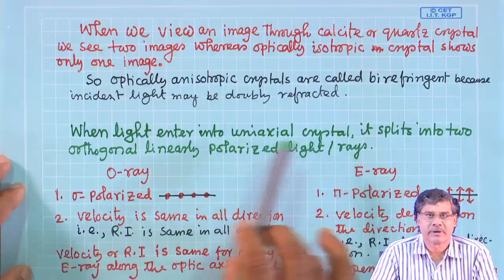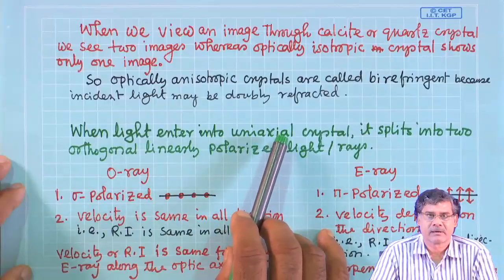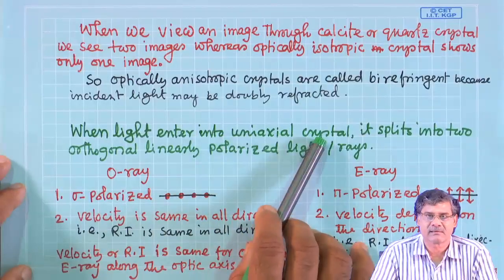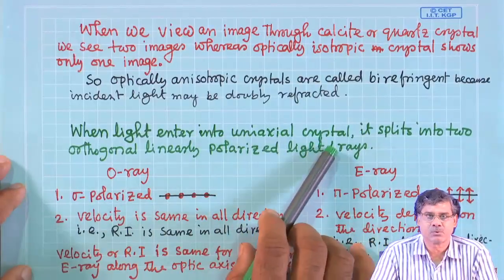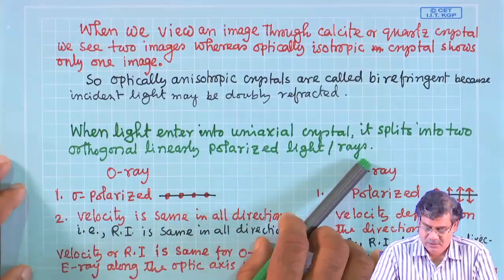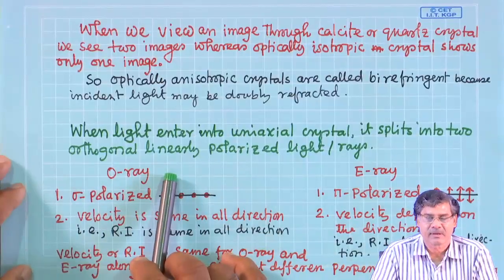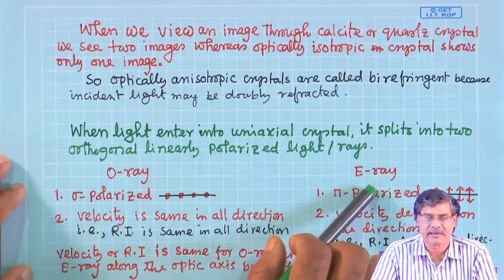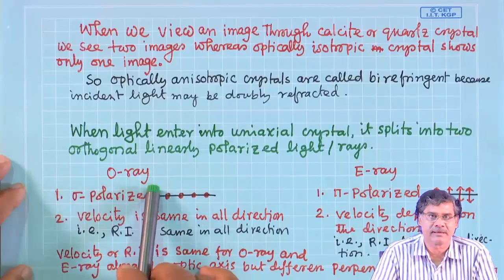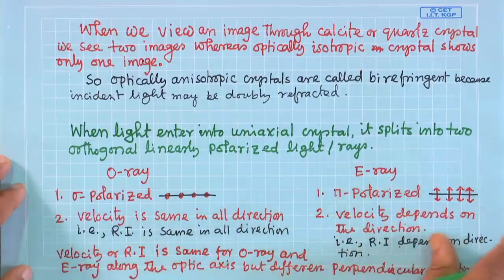Okay. So, when light enters into the uniaxial crystal, it splits into two orthogonal linearly polarized rays. One of them is called the O ray and another is called the E ray. O ray is the ordinary ray and E ray is the extraordinary ray.